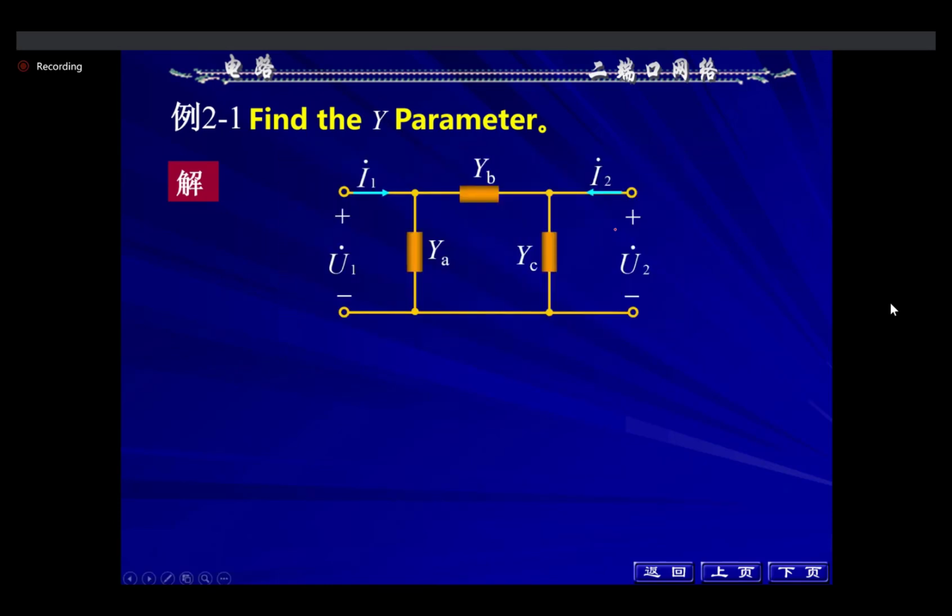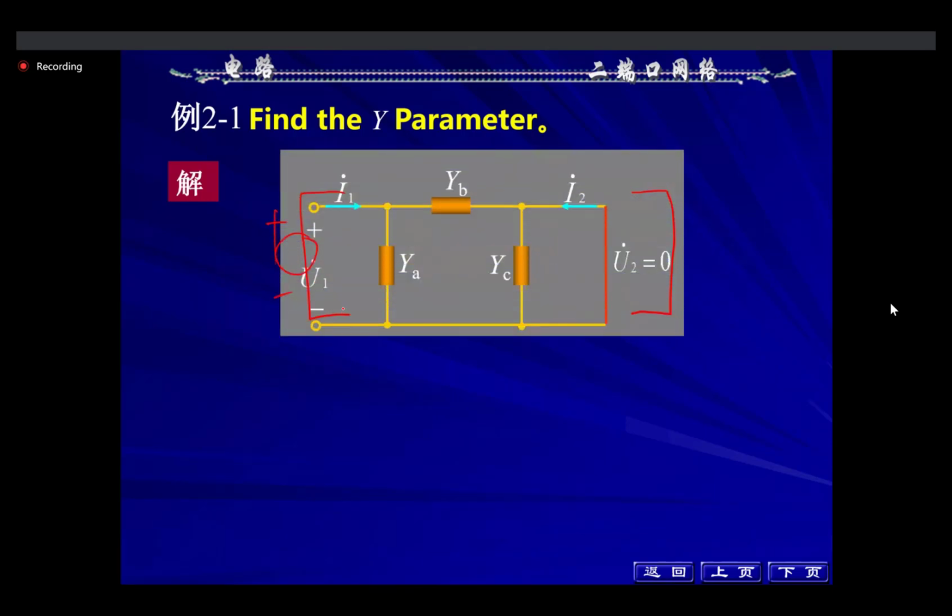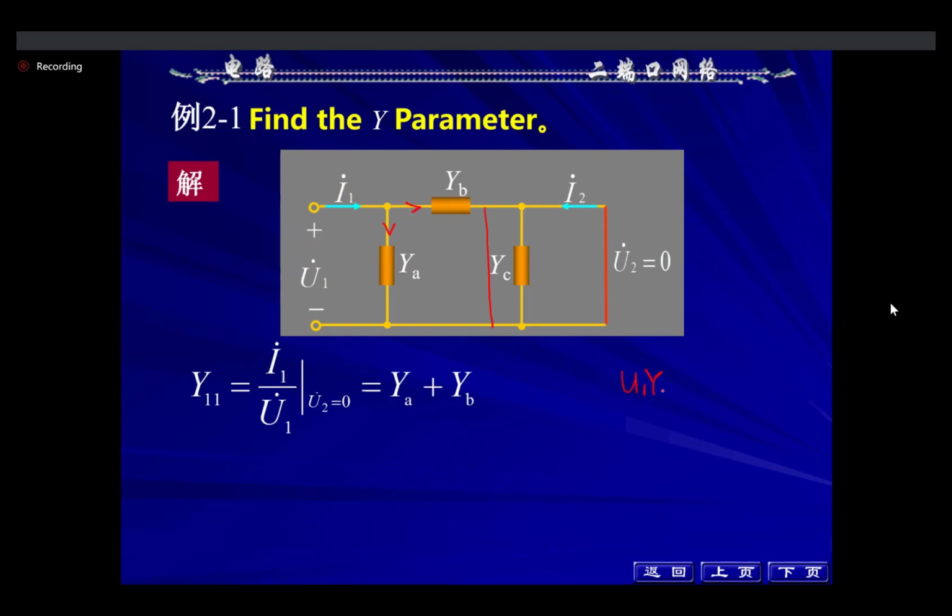According to the definition, we can short connect the right side at first. Short connect, then add a voltage source U1 at the left side. For Y11, this is short, so I1 at this position will be this current plus this current: U1 YA plus U1 YB.